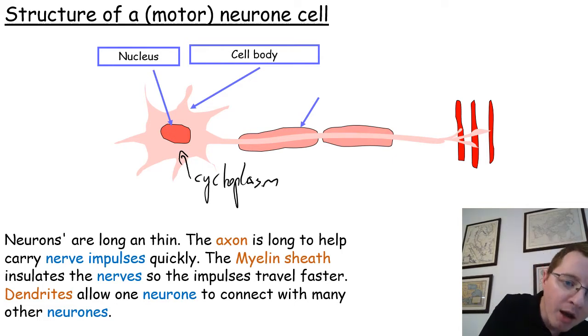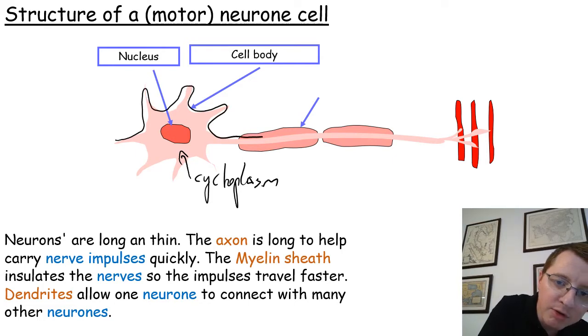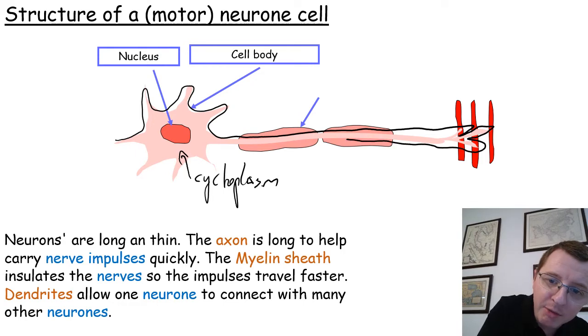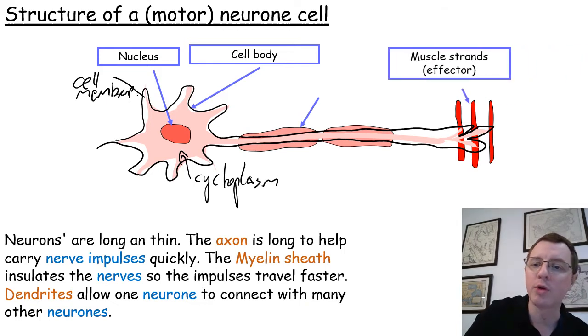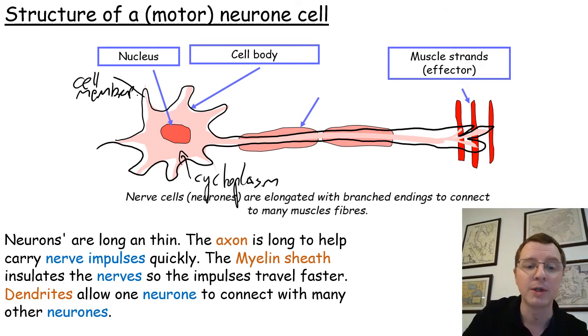And then if I sort of draw it in, I'm not going to draw across the entire cell here, but what I will be drawing quite badly here, I'm afraid, is the cell membrane. We would also then at the end have our muscle strands or effector muscles.